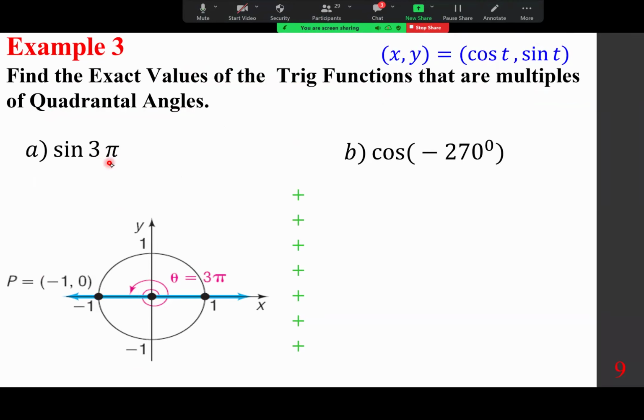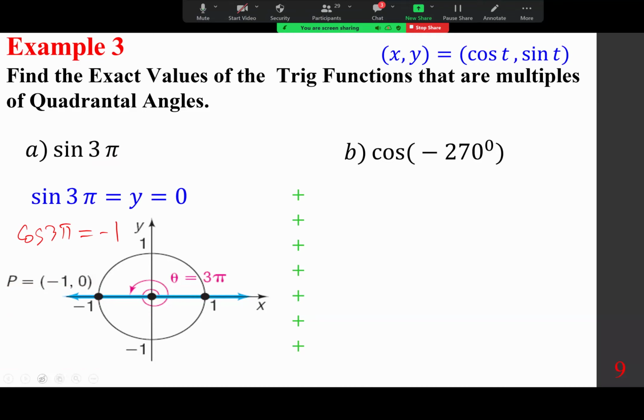So sine of 3 pi is the same as sine of pi, which is the y coordinate of this pair, which is 0. And in fact, while you're at it, you should recognize quickly cosine of 3 pi must be the same as cosine of pi, -1.